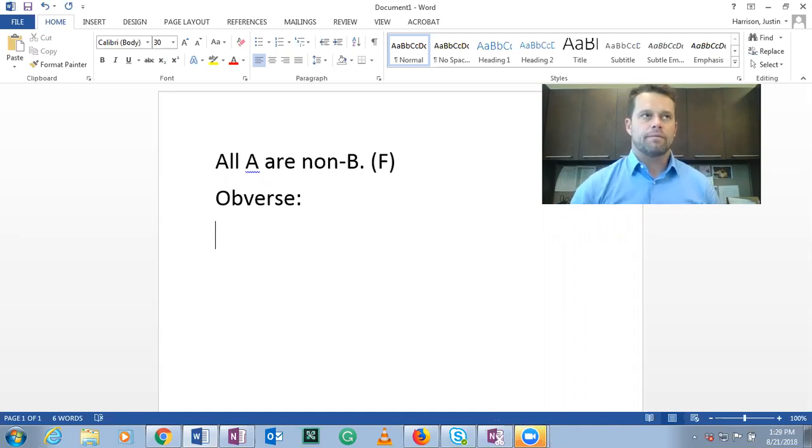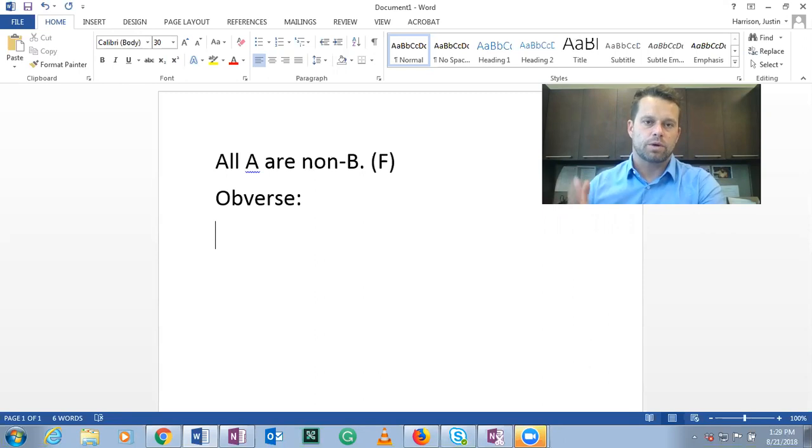Now, for the obverse, it's again a two-part process. Converse is 1. Contrapositive is 1 and then 2. And then the obverse is also a two-part process. What you do is you change quality while maintaining quantity, and you change the predicate class to its complement. All right, so what does it mean to change quality without quantity?